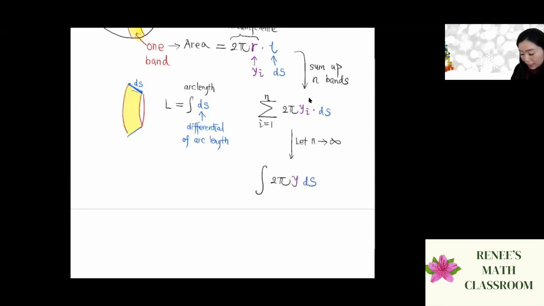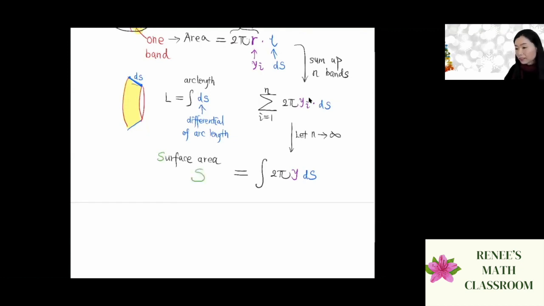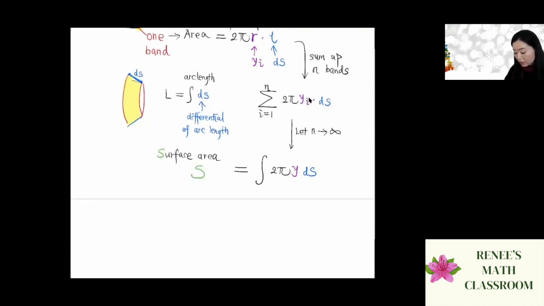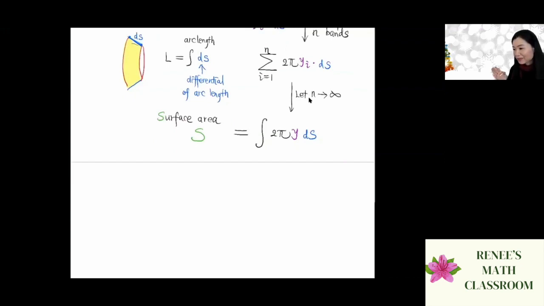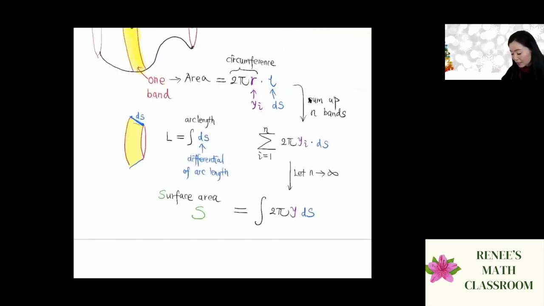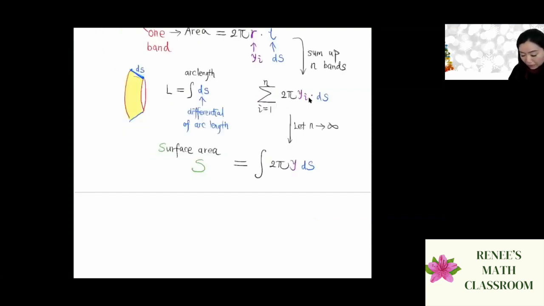So that is equal to the surface area. Let me write it down. Let's use green. So surface area, let's use S to stand for that. The surface area is the integral of 2 pi y ds, with the y here being the y coordinate, and the ds here being the differential arc length. So that is the formula.